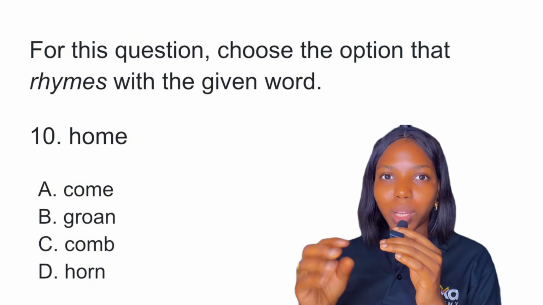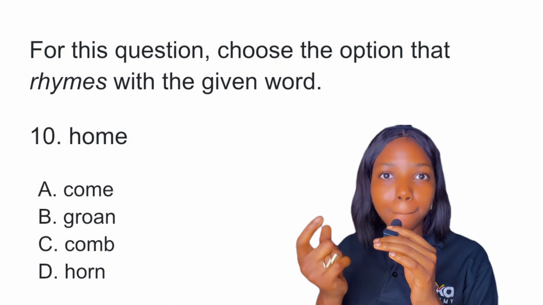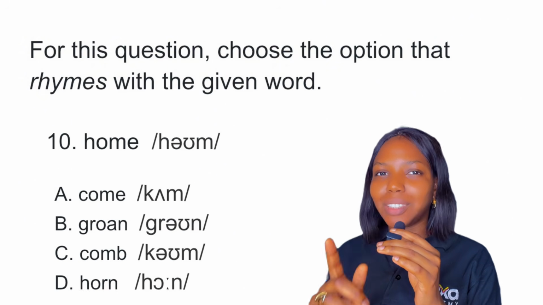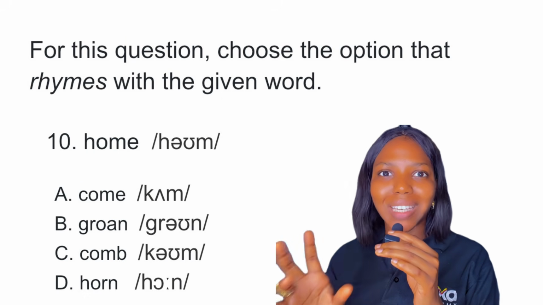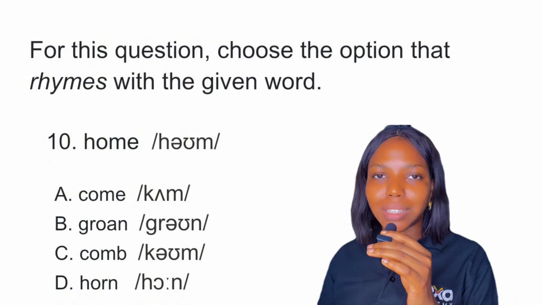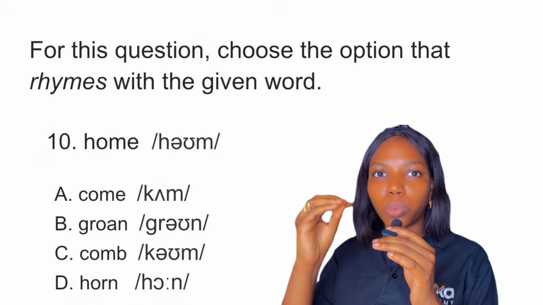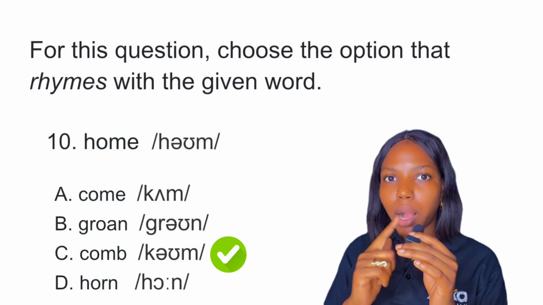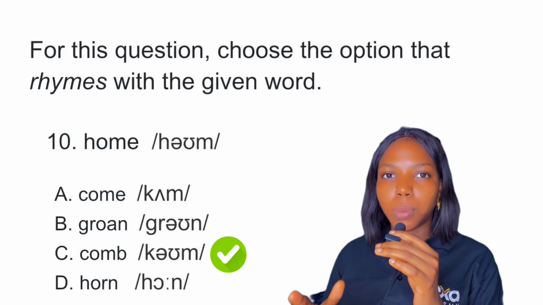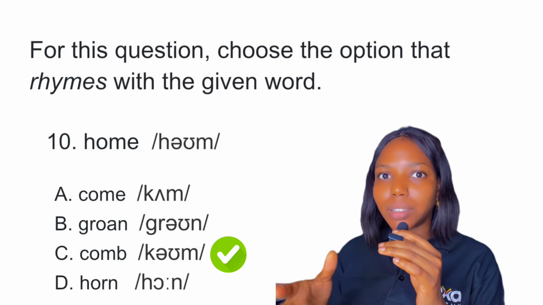So we have home. The last sound is what? Sounds are different from letters, okay? Please don't fall for the trap of looking at letters. Sounds are different from letters. The last sound in the word home is m, followed by O if you move backward, right? So look at option A. We have come. The last sound is m.